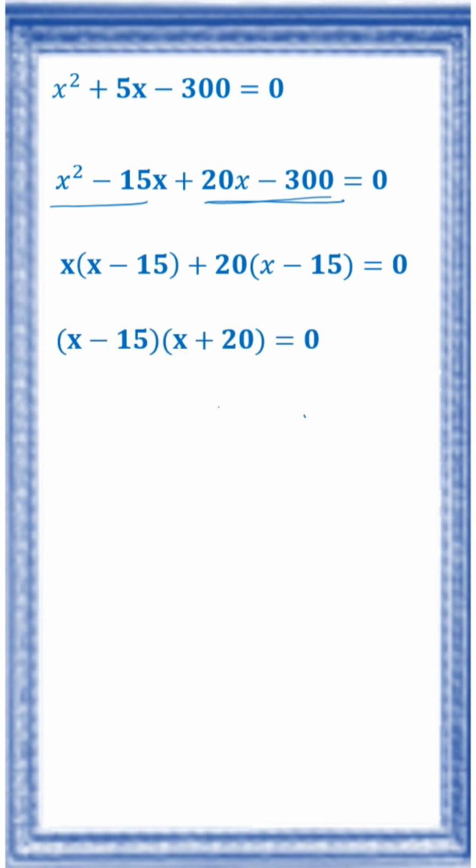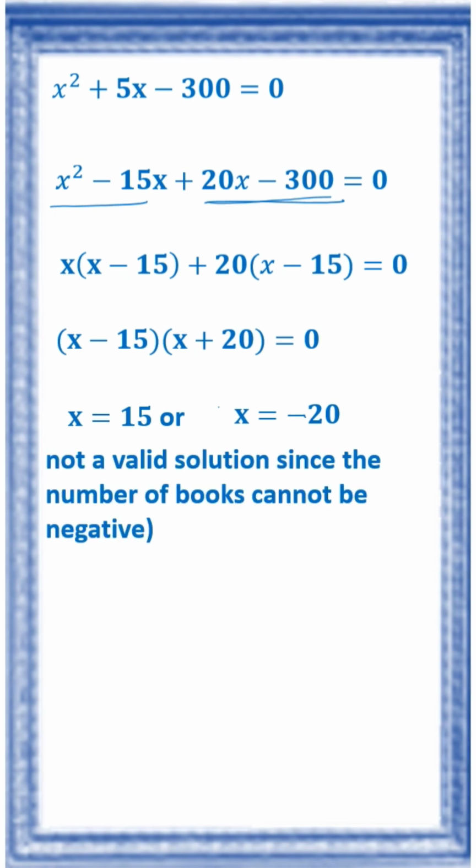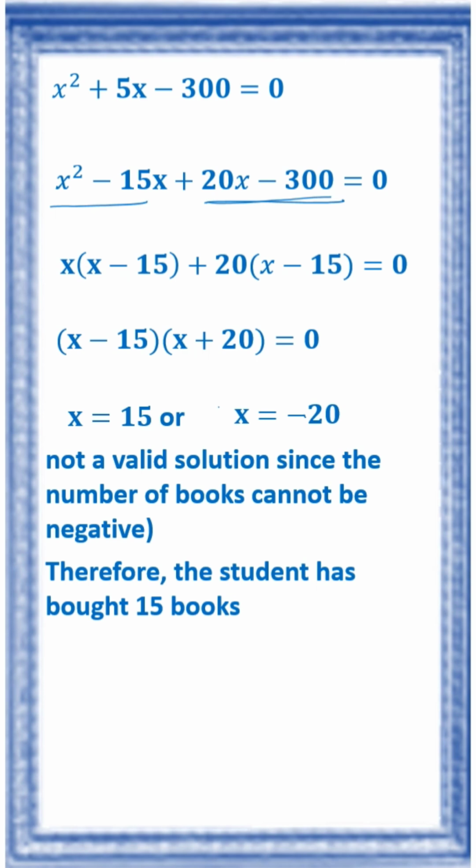That is x minus 15 into x plus 20 is equal to 0. So x is equal to 15 or x is equal to minus 20. x is equal to minus 20 is not a valid solution since the number of books cannot be negative. Therefore, the student has bought 15 books.